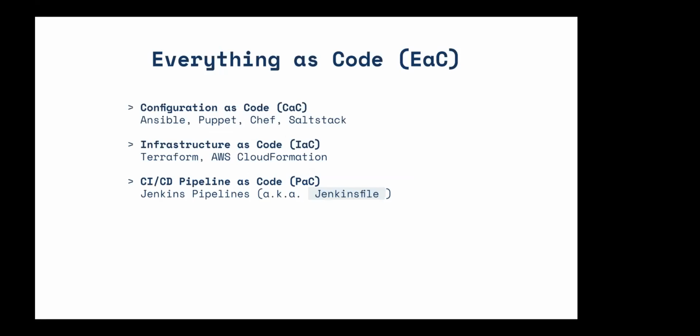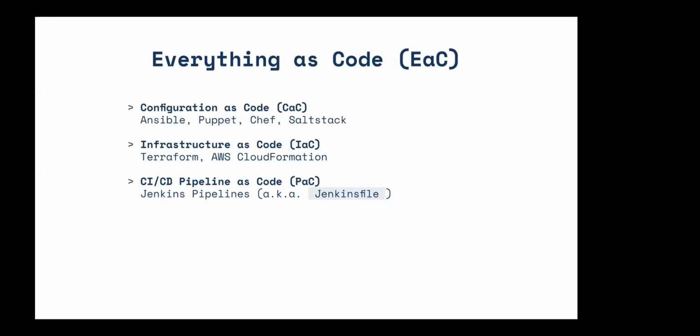So you may be familiar with some of these tools. Infrastructure as code, like Terraform and AWS CloudFormation. This allows you to set up a whole ECS service on AWS. Set up the load balancers, set up the DNS settings in Route 53.